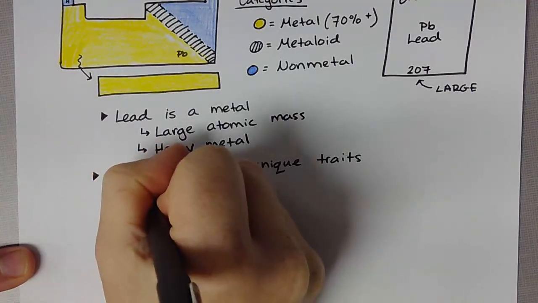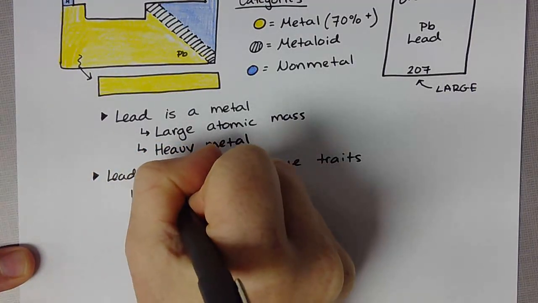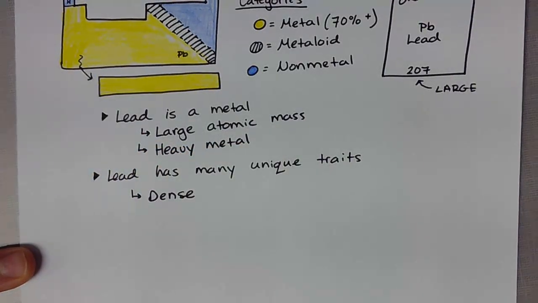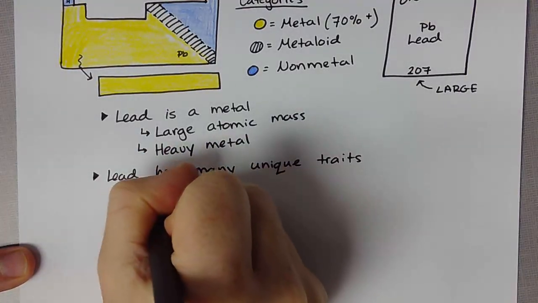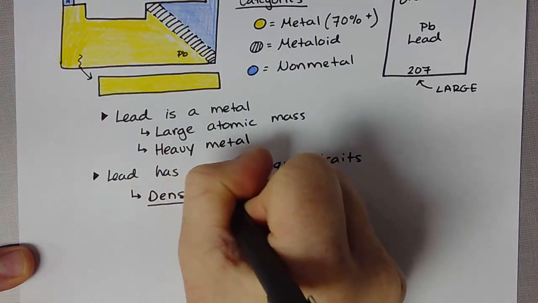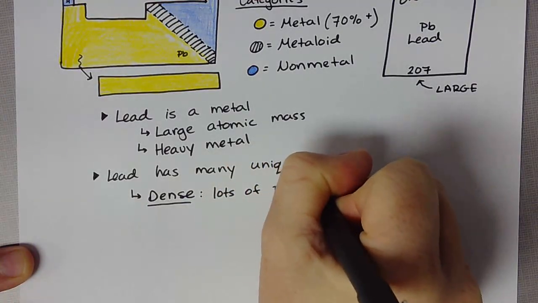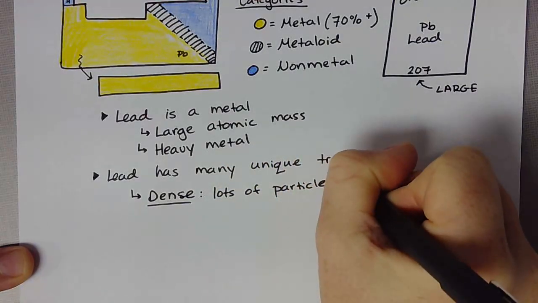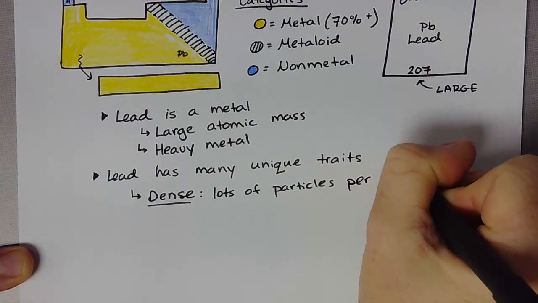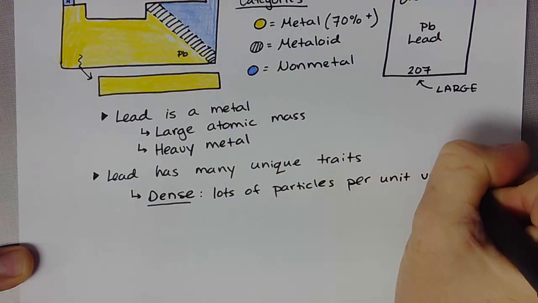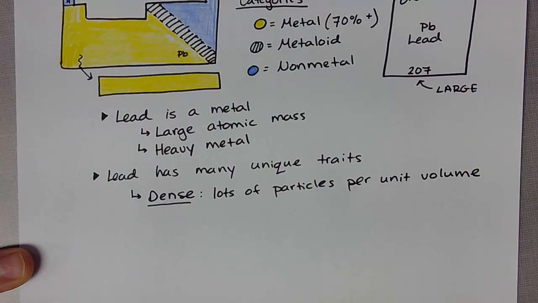And you guys have done a lab on this and kind of understand what that term means, which means we have a lot of particles per unit volume. If you picked it up, it would likely feel very, very heavy.